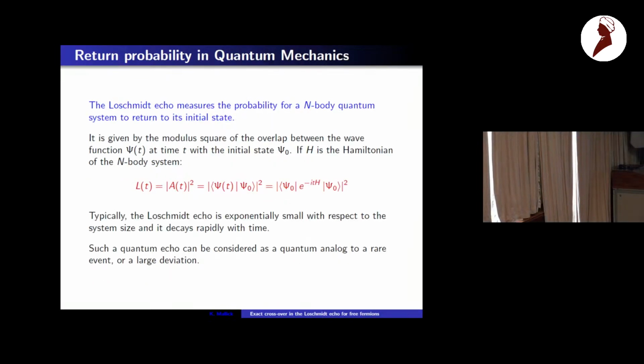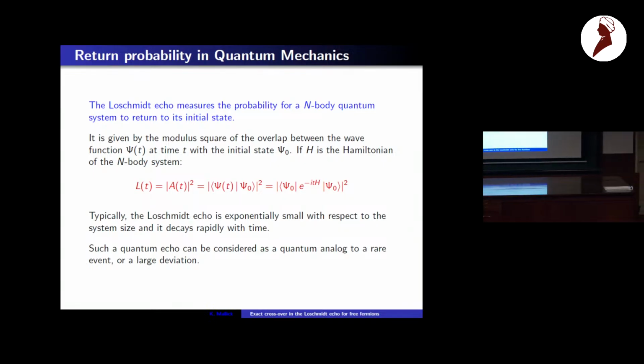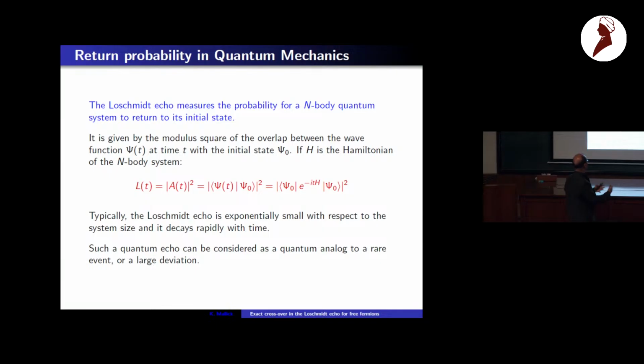It's a probability, the square of an amplitude, and the complex amplitude is given by the overlap of the wave function at time t with the initial wave function. Inserting the Hamiltonian and the evolution operator, what you want to compute is the modulus squared of this matrix element. That represents the echo: how much the state at time t resembles the initial state.